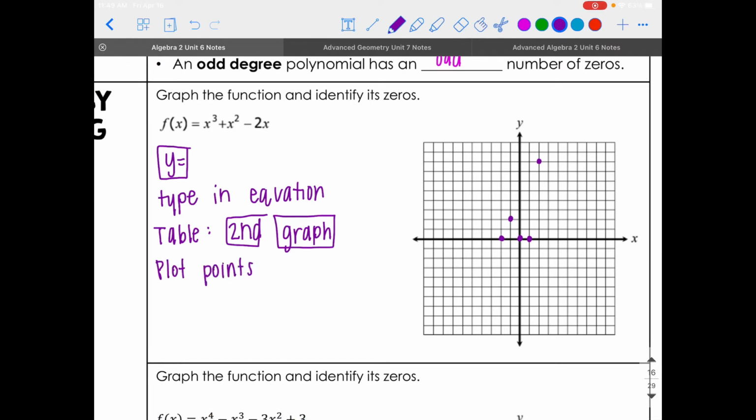So we're going to plot points. And then we click the graph button to see the actual graph so that we get our picture looking right.